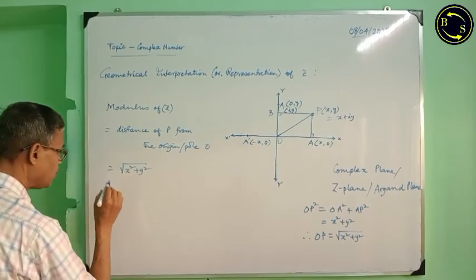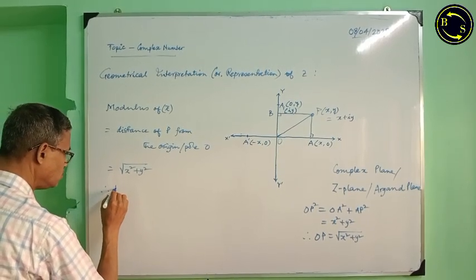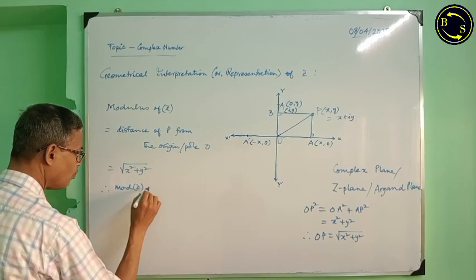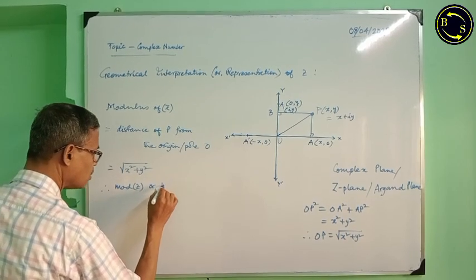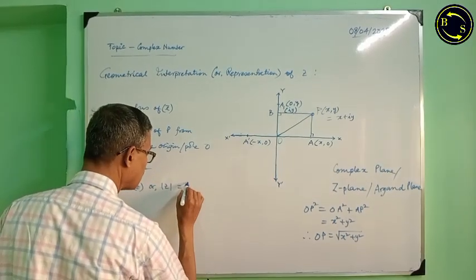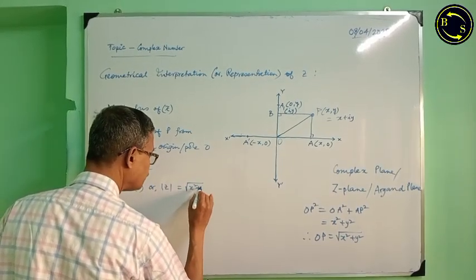Therefore, we define modulus, and the other symbol is this one, root over x square plus y square.